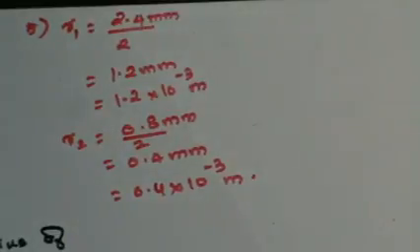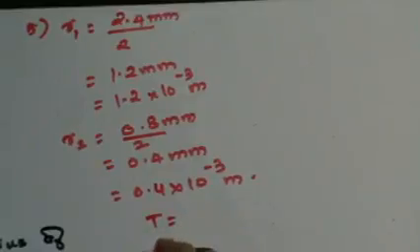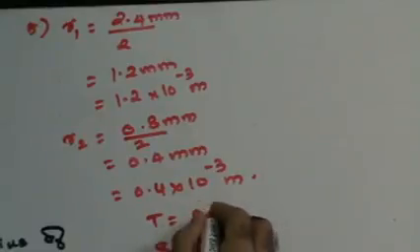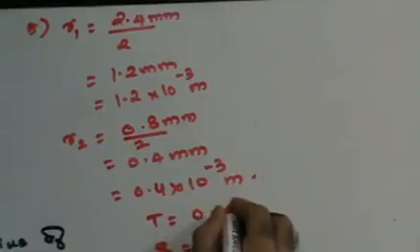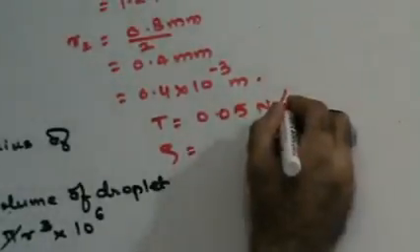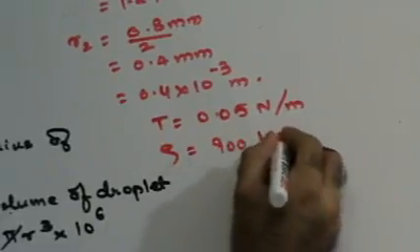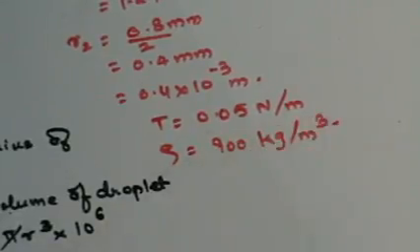The surface tension and the density of the liquids is 0.05 Newton per meter and 900 kg per meter cube.